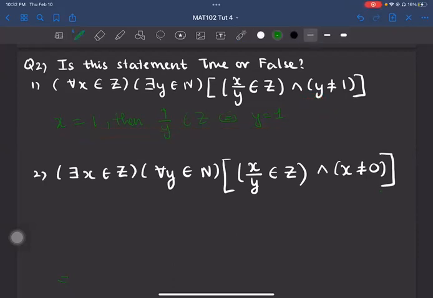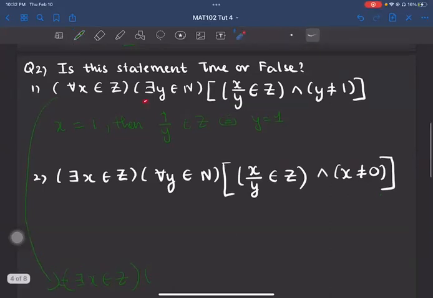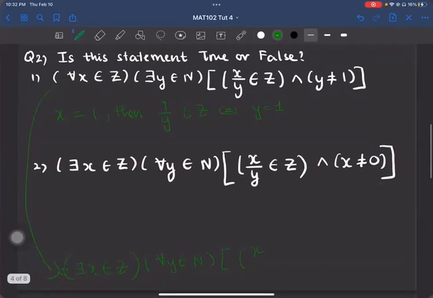You can think about its negation, which says there exists x in Z, because the negation of for every is there exists, right? And the negation of there exists is for every y in N, x over y is not an integer, or y is 1.